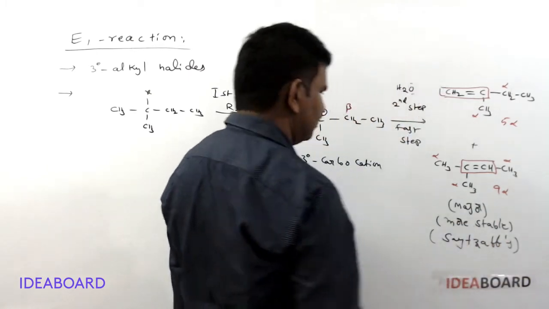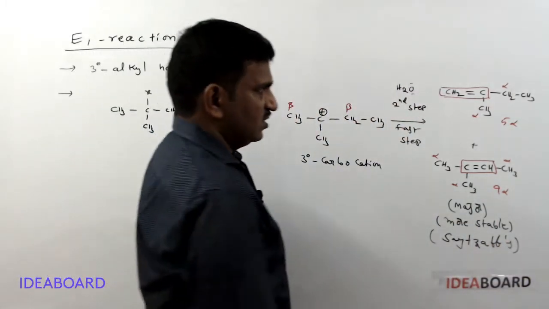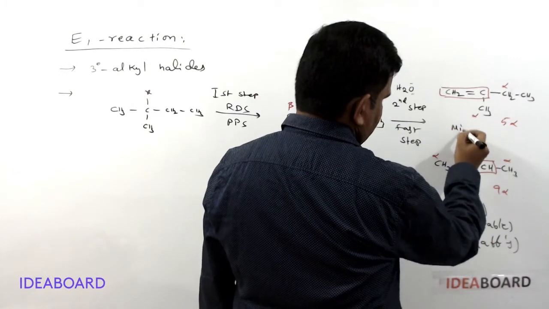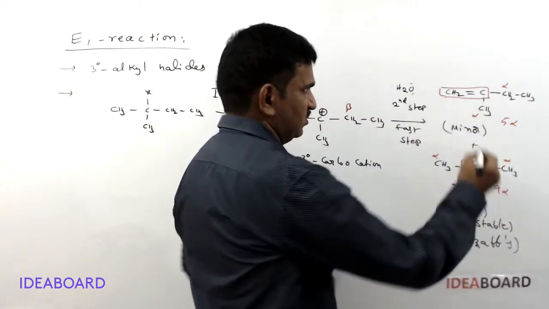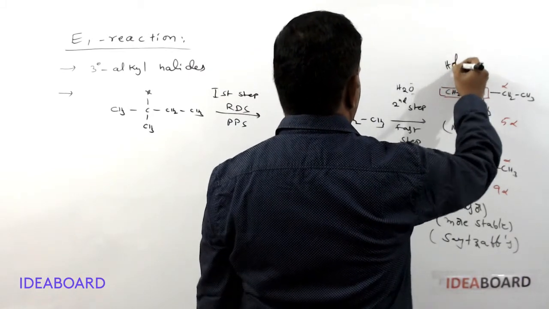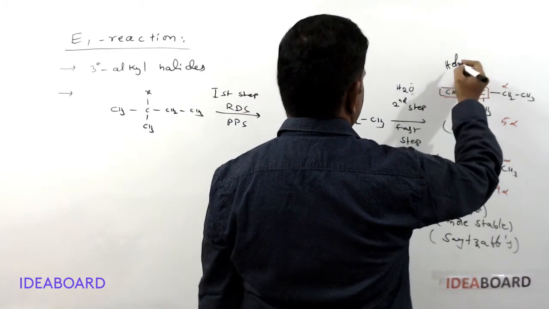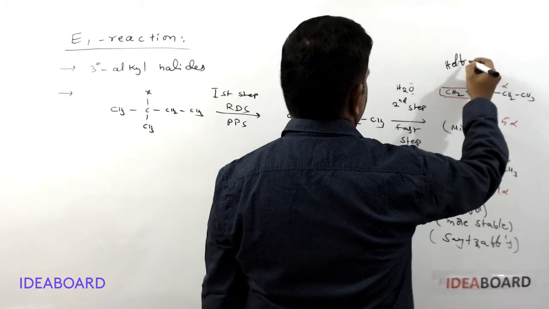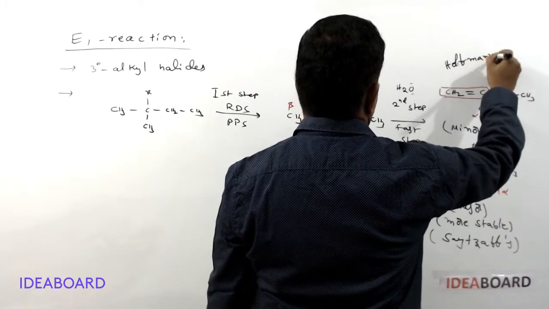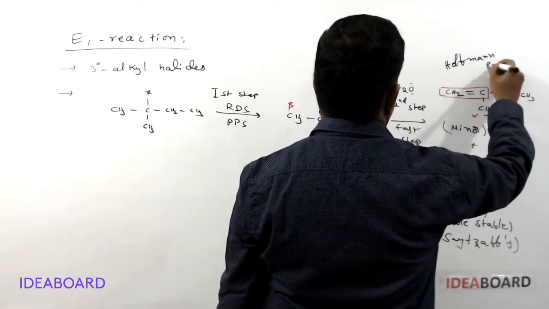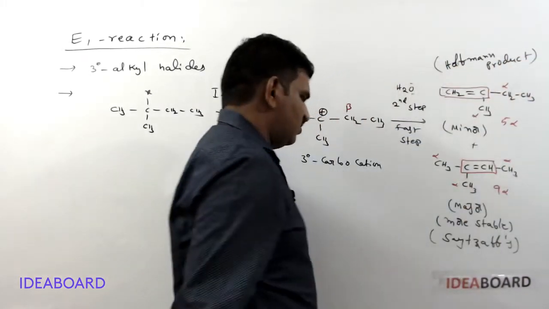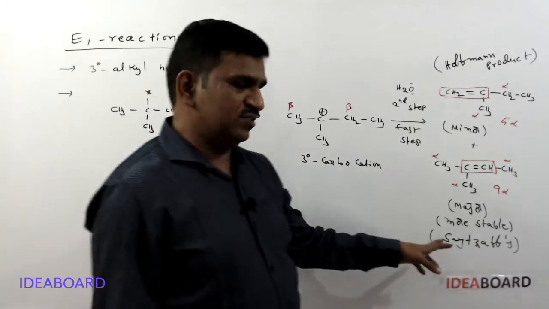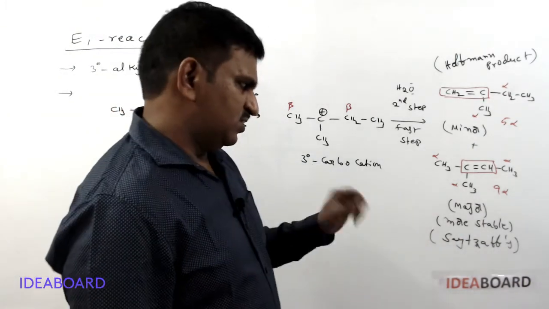Saytzeff product, or Zaitsev product, and the minor product is also called the Hofmann elimination product. In first year we studied what Hofmann and Saytzeff mean; I am just repeating that.